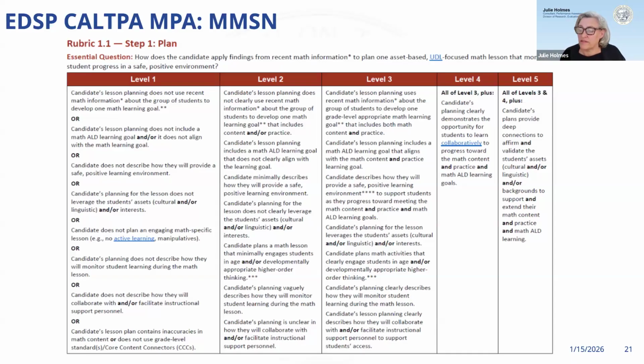And then finally, that their lesson is clearly describing how they're going to collaborate with and or facilitate instructional support personnel to support students' access. So this is also a key concept for the Ed Specialist CalTPA.